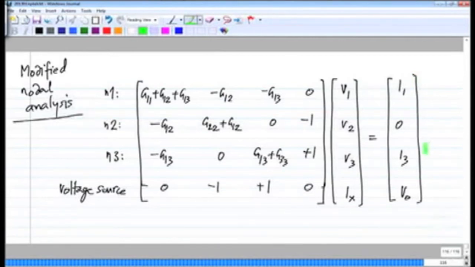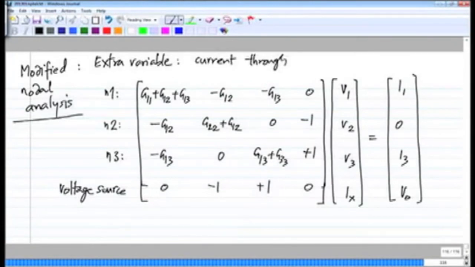Any questions about this? The modification includes basically an extra variable, which is the current through the voltage source.